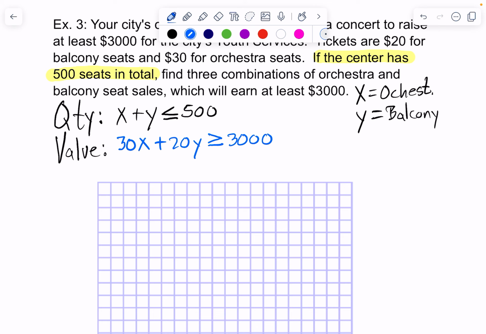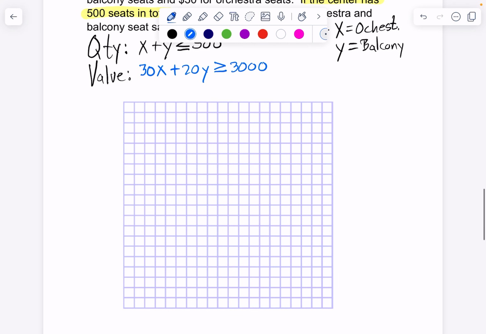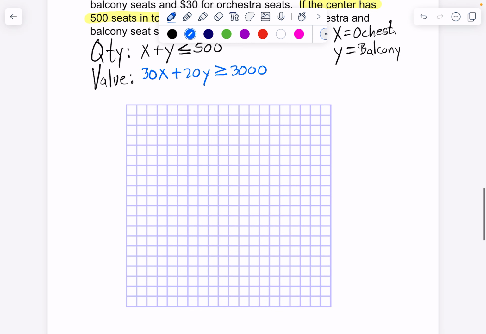Use x and y intercepts. Remember that you can find an x-intercept by making y 0 and finding the value of x. You can find the y-intercept by making x 0 and finding the value of y. So let's go ahead and use our equations here and find the x and y intercepts of each different equation that we set up, both the quantity and the value.